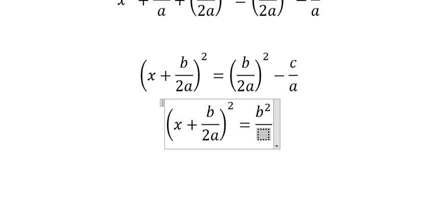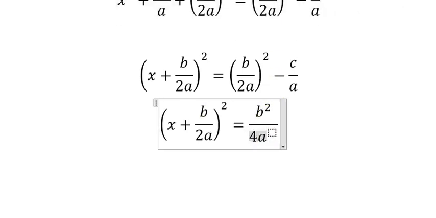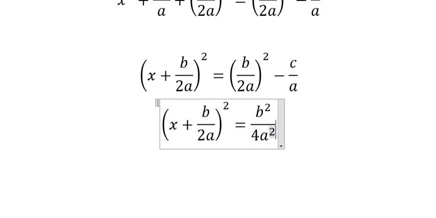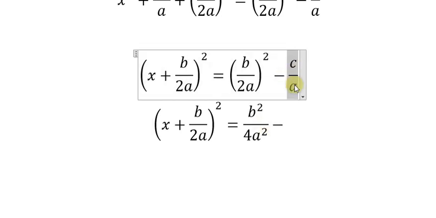Then we have 2a squared giving us 4a squared. Good. So 4a squared. Then that one is taken away from c out of a. Good.